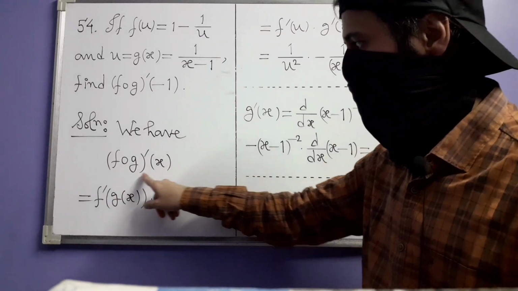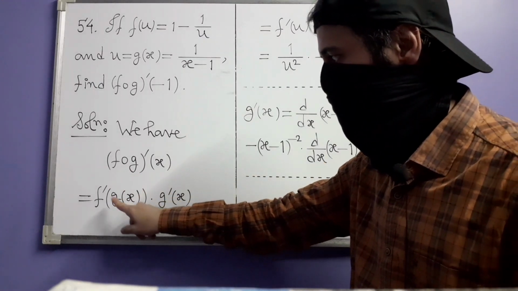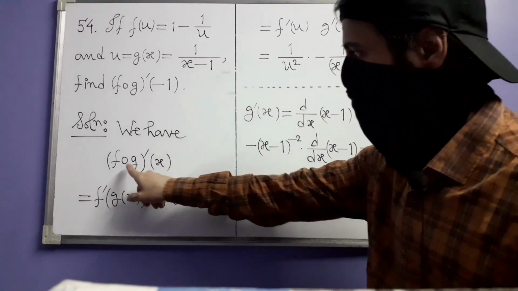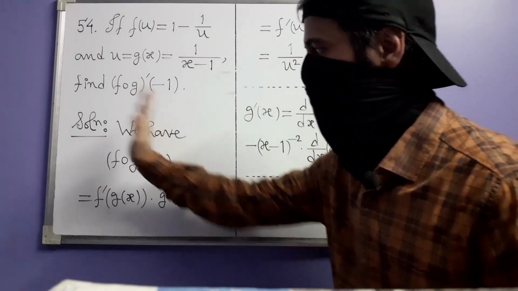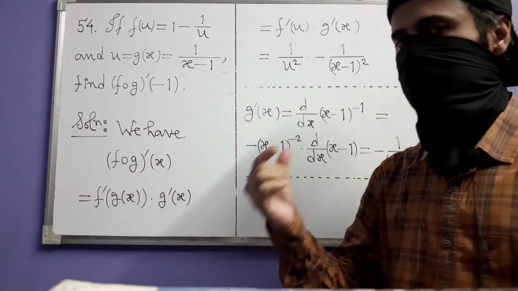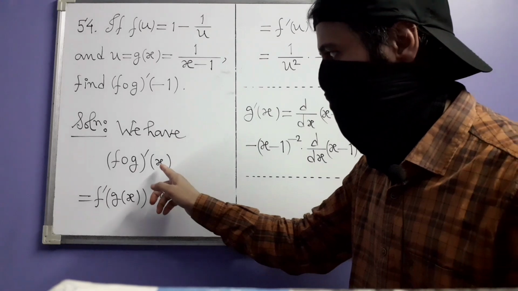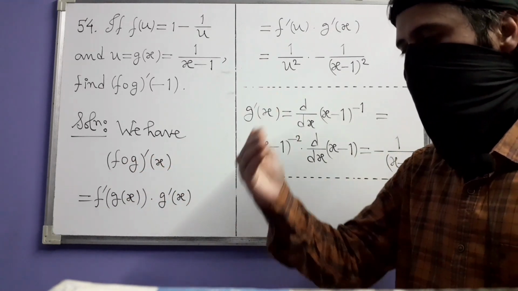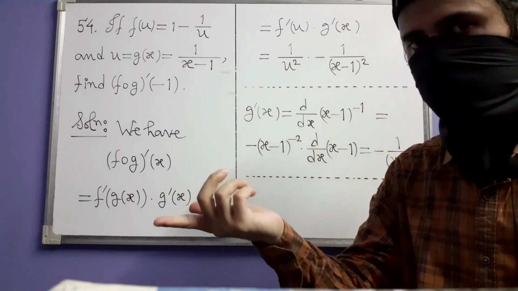So obviously this derivative is equal to, again, same thing, outside inside. So first you are differentiating the outside function, which is f, keeping the inside g of x intact. Because do not forget that this f composition g of x is after all f of g of x. So f is the outside function.